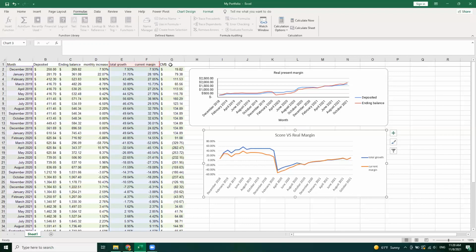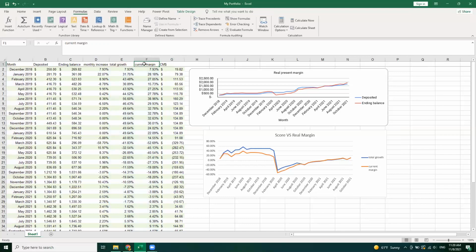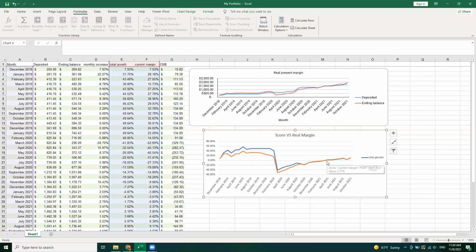I have current margin in dollars and current margin in percentage, because even though I'm not measuring in dollars, it's still an absolute value, whereas my score is not an absolute. It's always building on the previous score. So it's not the same.